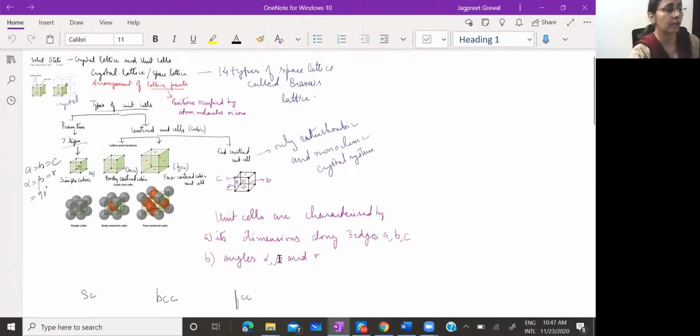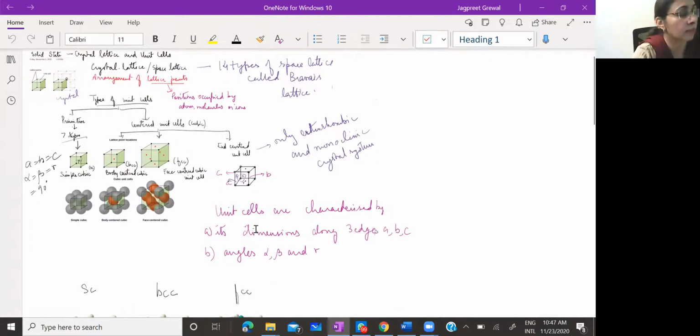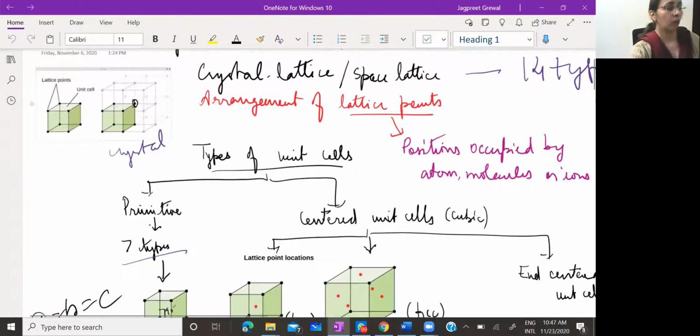As you can see, let's say I take this lattice point in the middle. It is being shared by 8 unit cells around it, 4 in this plane and 4 above it. So this lattice point does not belong only to this unit cell. It is being shared by all of them.